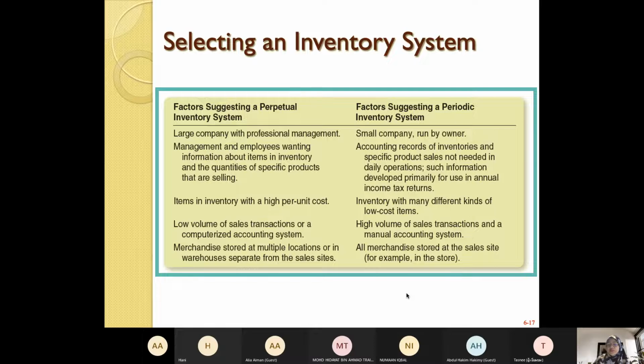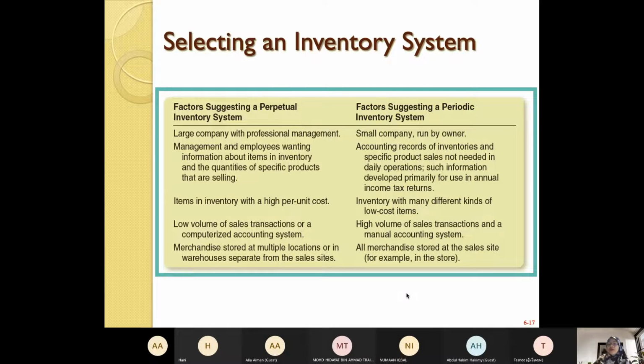And again, periodic is more suitable for companies with inventory of many different kinds of low cost items. For example, small companies, a retail shop. They have so many different kinds of items in the shop, but each item is a low cost item.